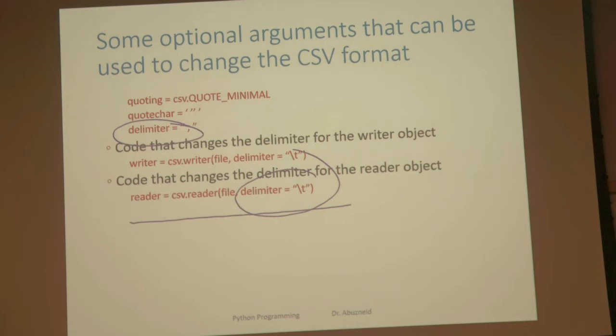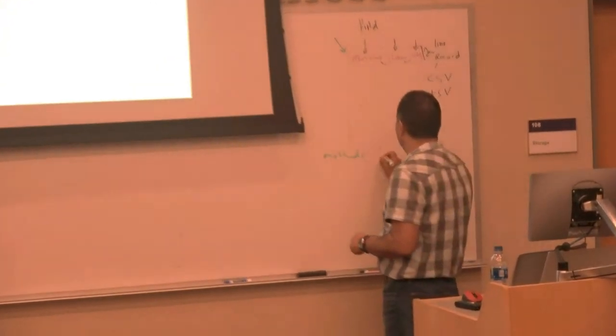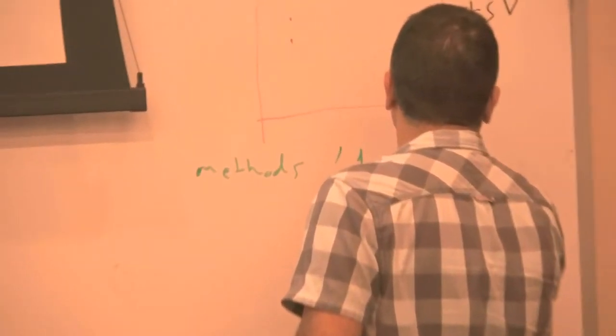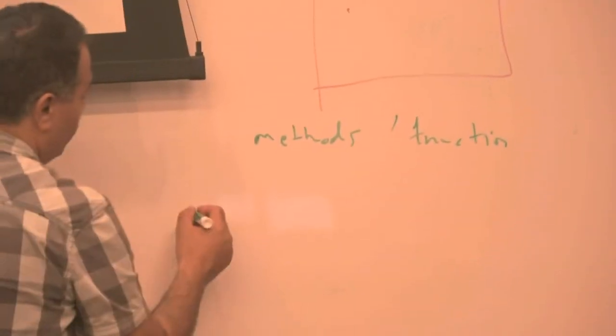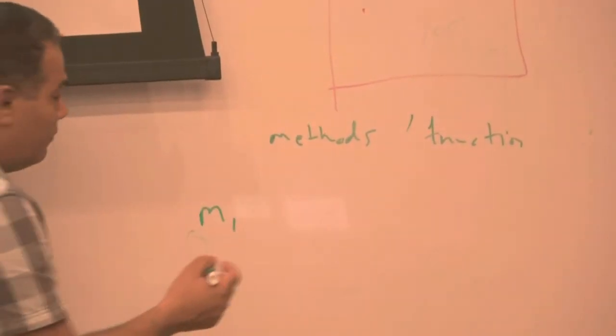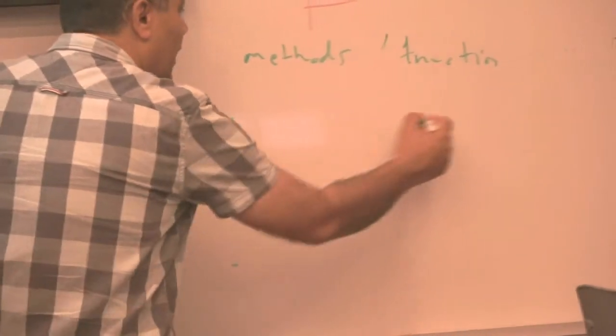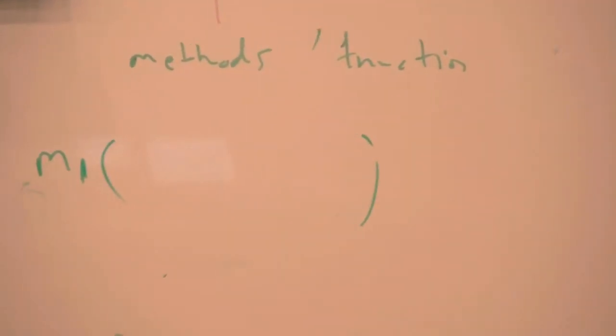We have methods, and we have functions, right? So usually, for example, let's say we have a method called method 1. For method 1, what are you going to pass to it? Parameters.